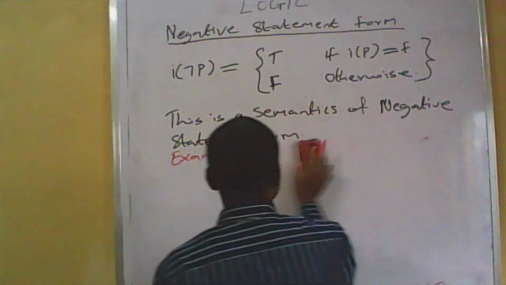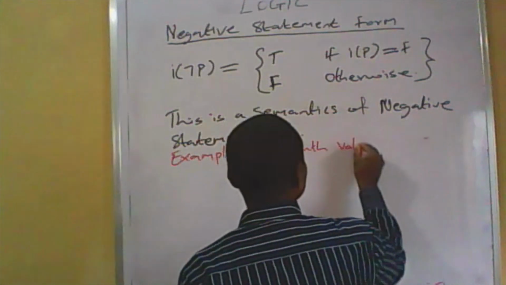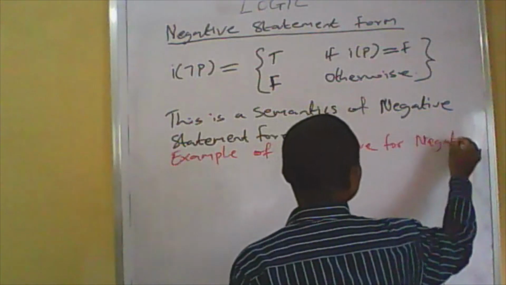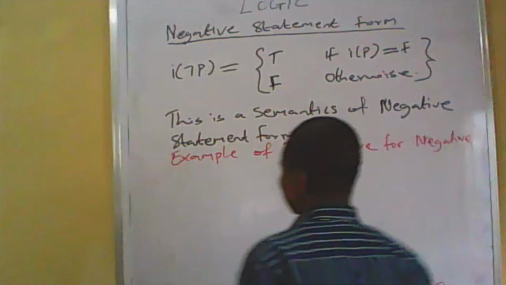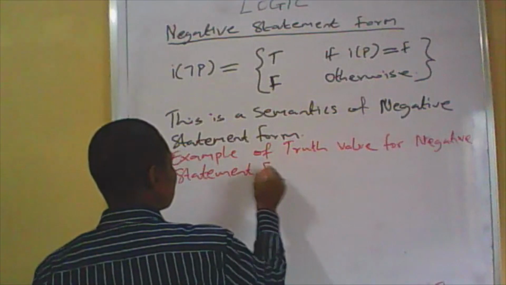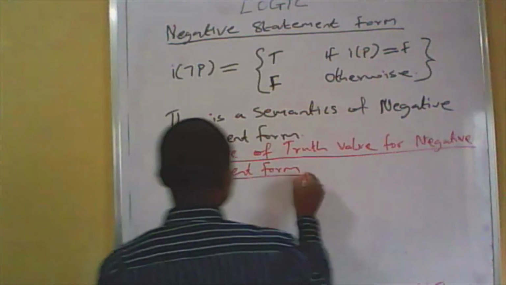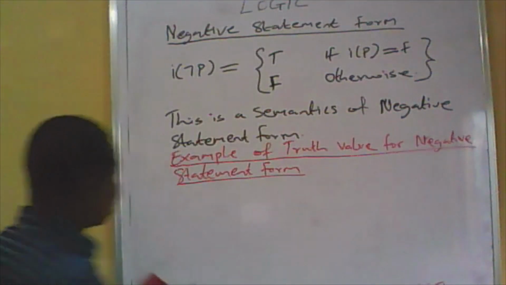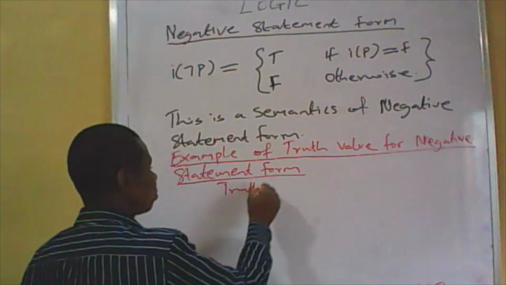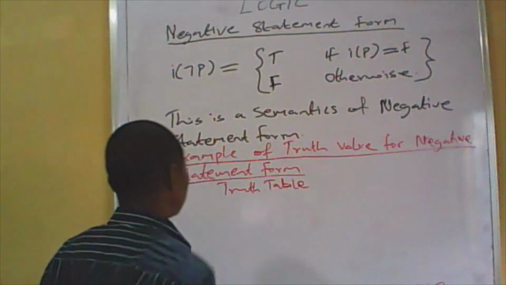Example of truth value for negative statement form. Let us have the heading: truth table.